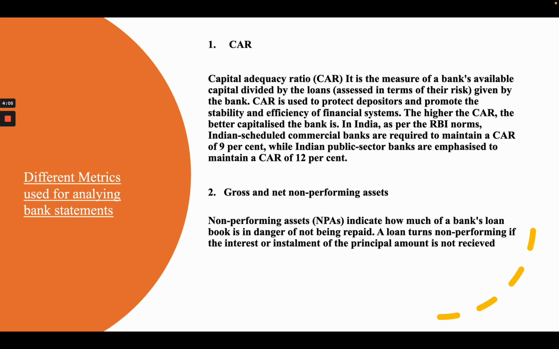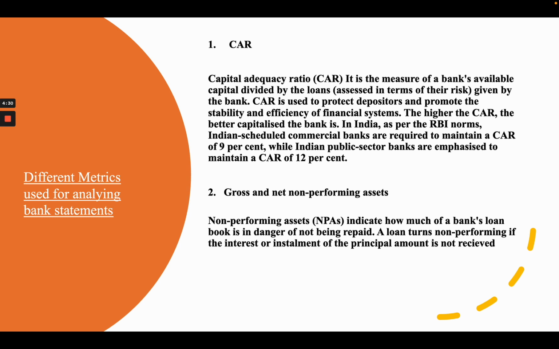This shows that XYZ bank has no capital to absorb losses from bad loans. So that is why this capital adequacy ratio is very, very important for investors to consider to gauge the profitability of the bank.